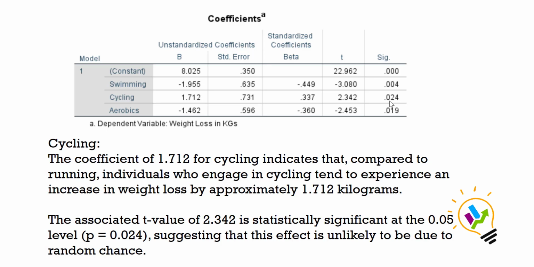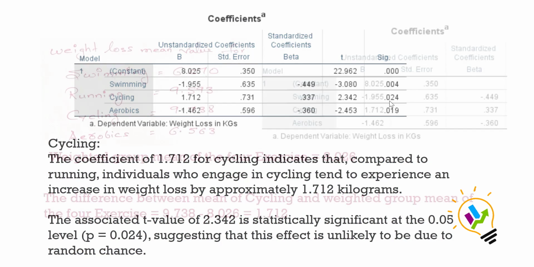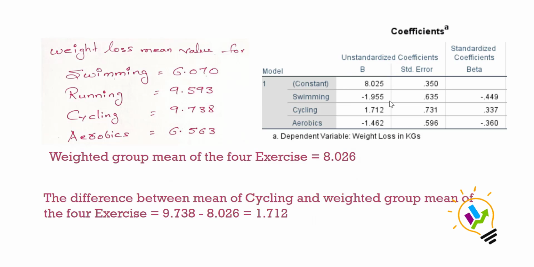So this is significant. Now let us see how we got this 1.712. Same thing. This is the difference between cycling and the weighted group mean. Cycling, what is the value we got here? 9.738 minus the weighted group mean for 4 exercises, how much? 8.026. If we take the difference between these two, we are going to get 1.712.